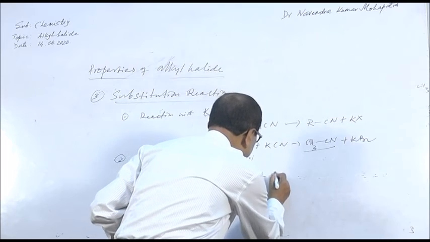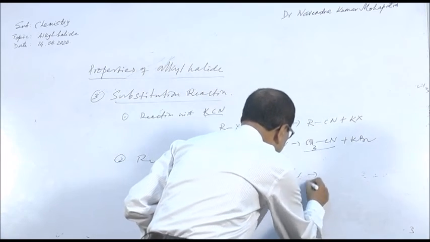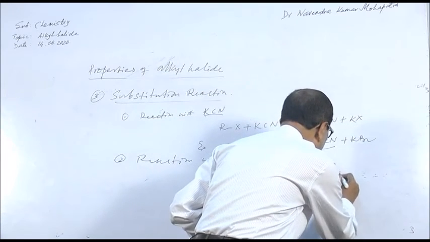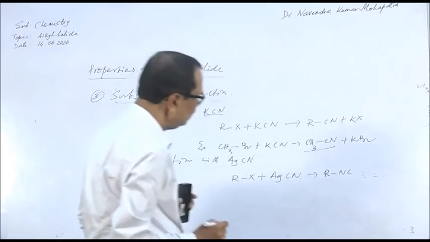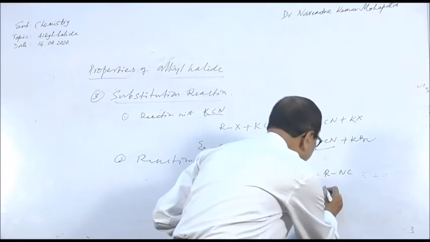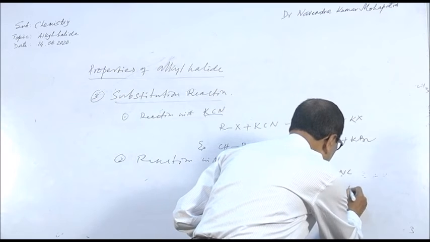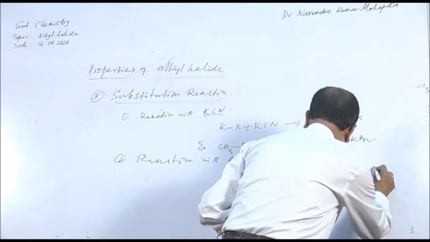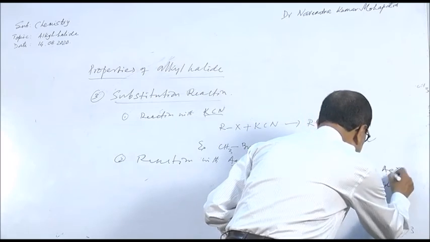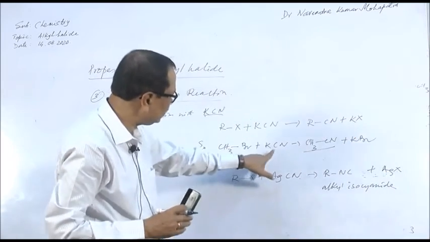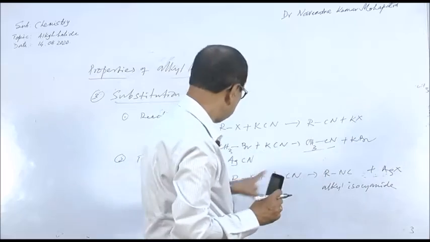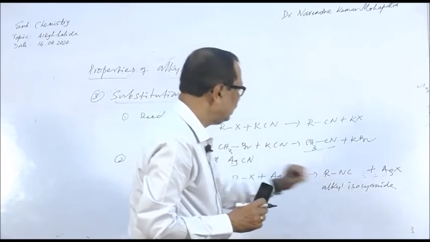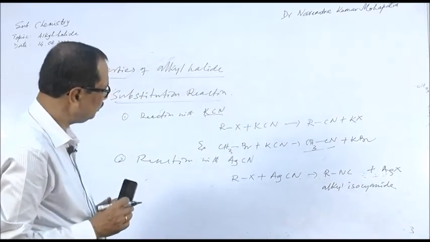RX plus AgCN gives you RNC, this is alkyl isocyanide, plus AgX. What is the difference here? Potassium cyanide gives you alkyl cyanide, but silver cyanide gives you alkyl isocyanide.